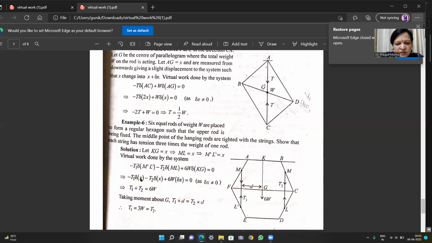So from this we have T1 plus T2 equal to 6W.